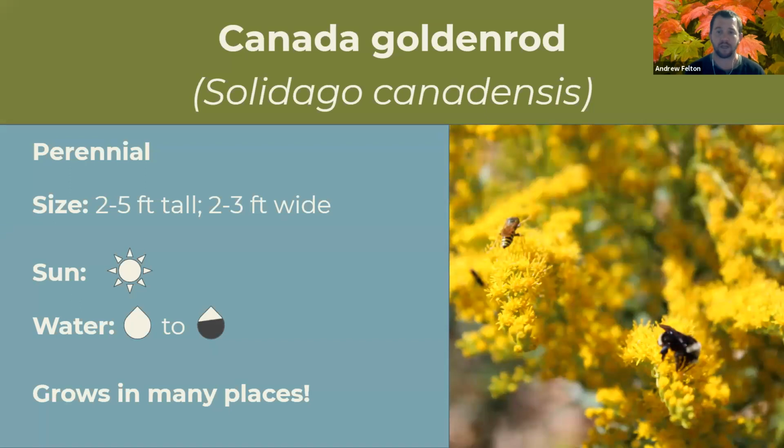It prefers to be in full sun, but it can do okay in partial shade. It doesn't need much water, but it can thrive in just about any location that you put it in. It's one of the last bloomers of the season. So if you want to see some goldenrod still blooming, if you head out, you most likely still are seeing it for the next week or two, give or take.